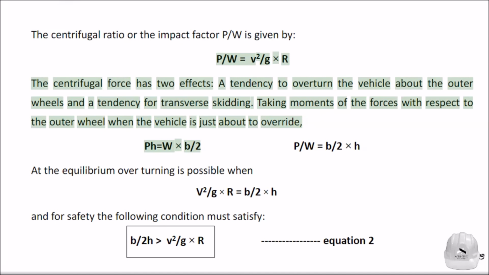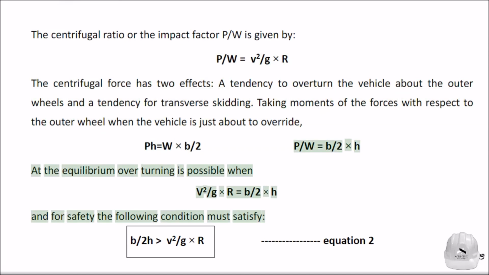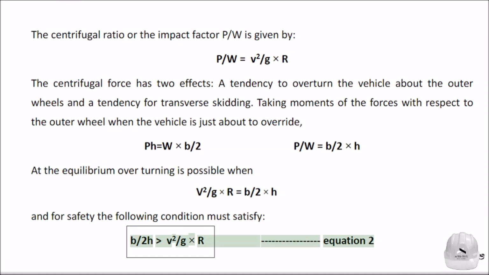Taking moments of the forces with respect to the outer wheel when the vehicle is just about to overturn, P times h equals W times b/2, so P/W equals b/2h. At equilibrium, overturning is possible when V squared divided by g times R equals b/2h, and for safety the following condition must be satisfied: b/2h is greater than V squared divided by g times R, equation 2.